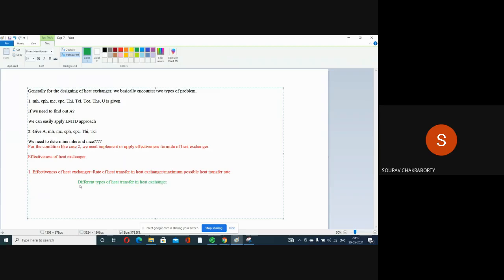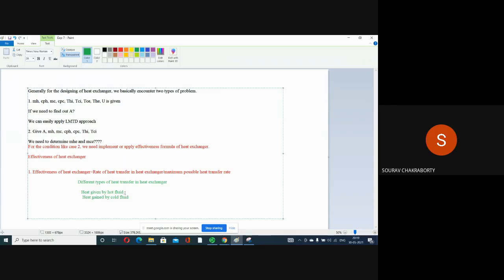The first one is heat given by hot fluid, that we know. The hot fluid is giving heat to the cold fluid, and the second one is heat gained by cold fluid. And under ideal condition, we have already discussed these two heats are equal.